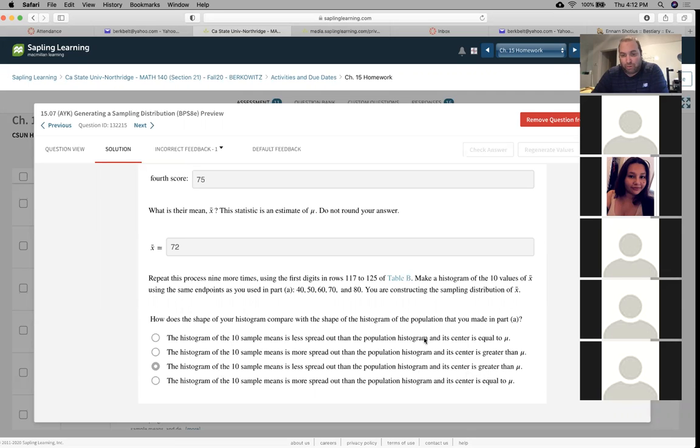Now, I would think it will be equal to mu, but remember, its expected value is equal. You can't actually expect the actual mean to be the same. I would have to do the math, but if someone said, don't do the math, just guess, I certainly would have guessed the first one. Certainly not the second or the fourth, because the histogram should be less spread out as the sample size goes up, not more spread out.